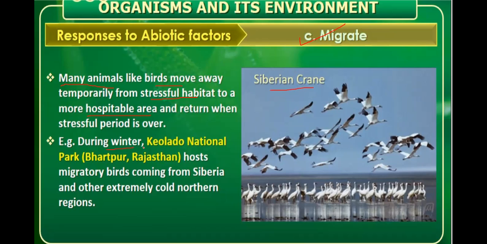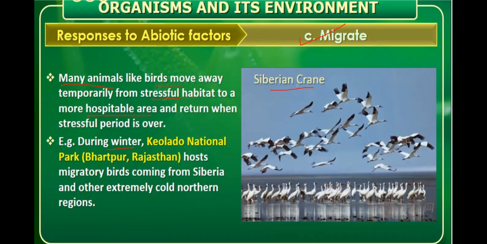Example: the Siberian crane. During winter, Keoladeo National Park, located in Bharatpur, Rajasthan, hosts migratory birds coming from Siberia, because in Siberia in winter the temperature goes very low, becoming sub-zero.